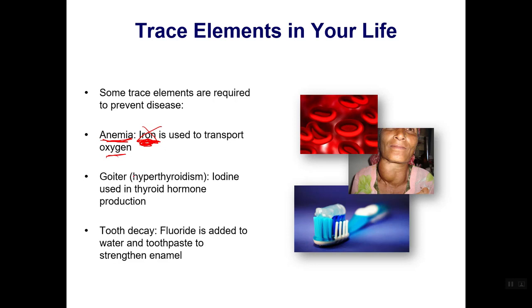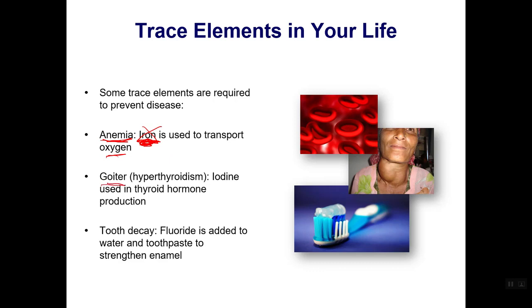The second most common type of anemia is B12 deficiency, because B12 helps iron that we ingest move from the gut to the blood. So if we can't get the iron in the bloodstream due to B12 deficiency, then of course it results in anemia.